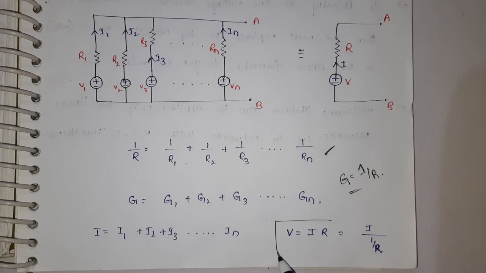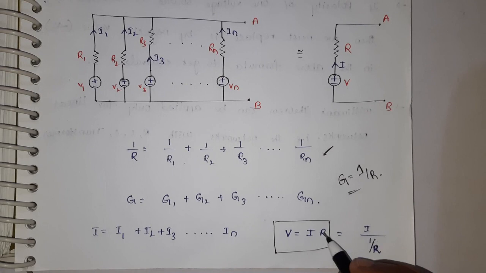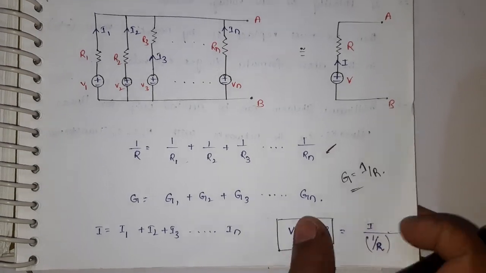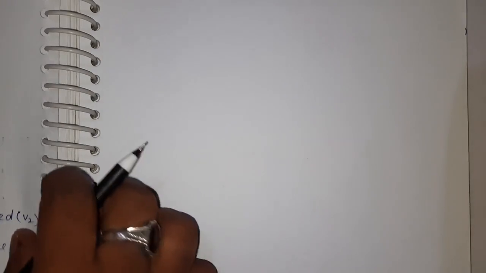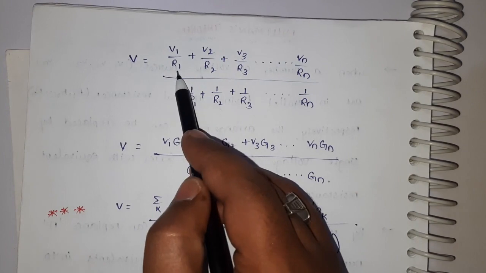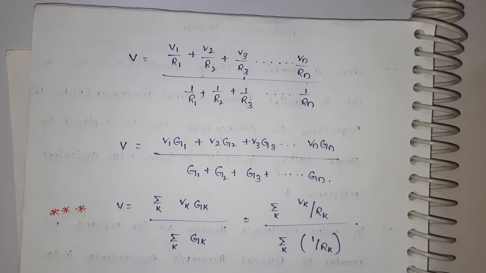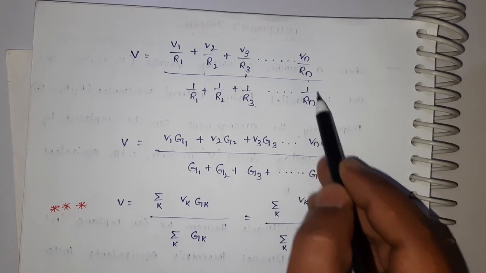V is I into R, which is equal to I divided by 1 by R. So the formula for equivalent voltage is V equals V1 by R1 plus V2 by R2 plus V3 by R3 and so on Vn by Rn, divided by 1 by R1 plus 1 by R2 plus 1 by R3 and so on 1 by Rn.